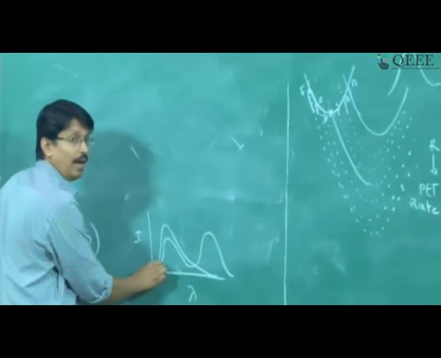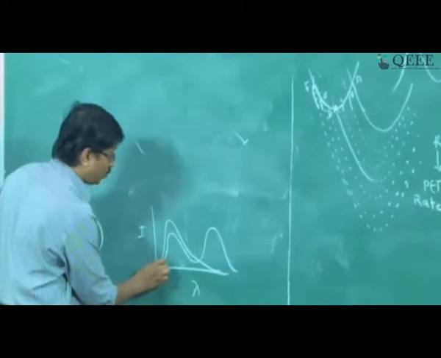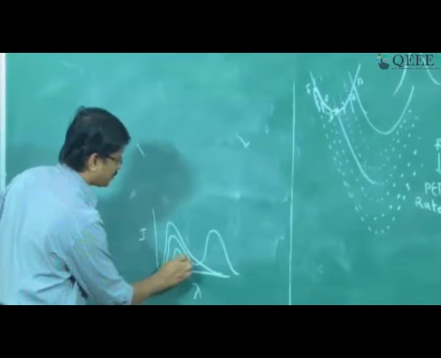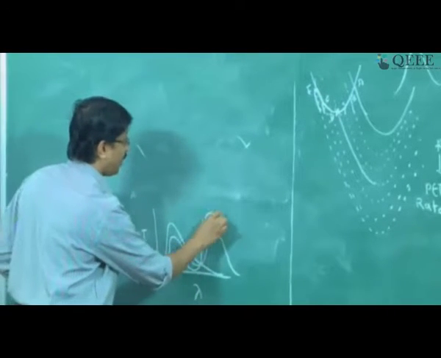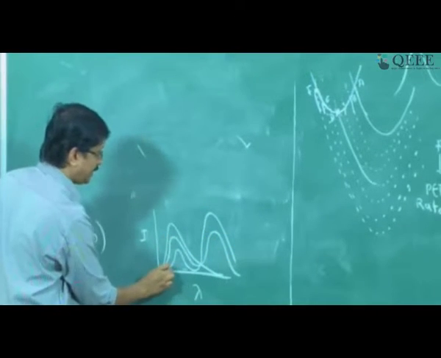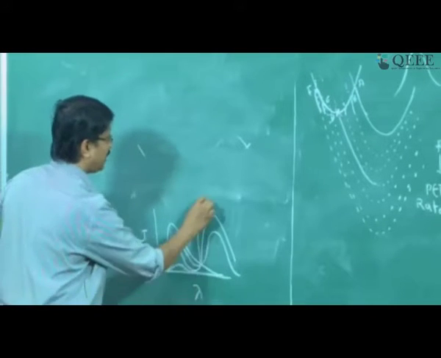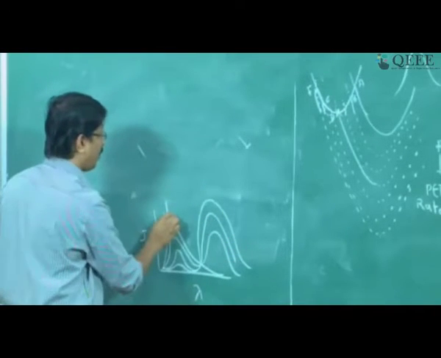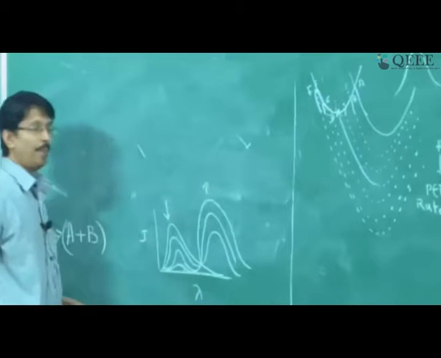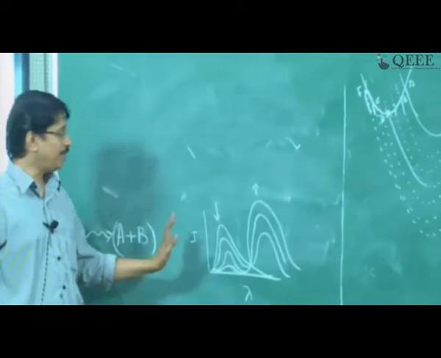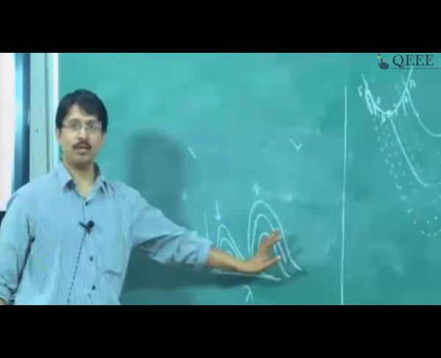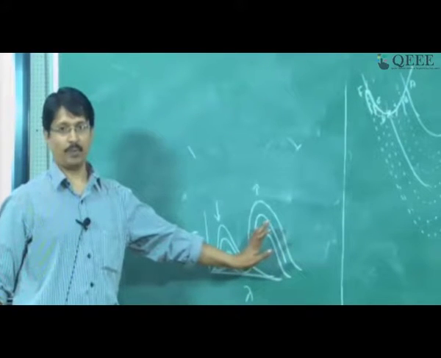Again you add another case where more energy transfer happens. So what happens? A is getting decreased, B is getting increased. So this peak will go down, this peak will come up. So this kind of a transition is also possible by partial energy transfer phenomena.